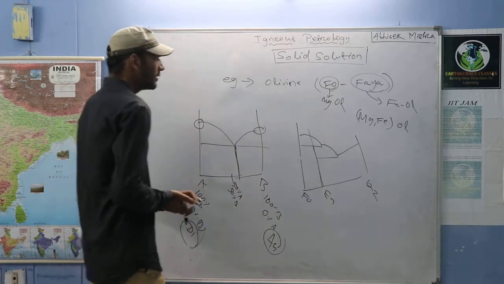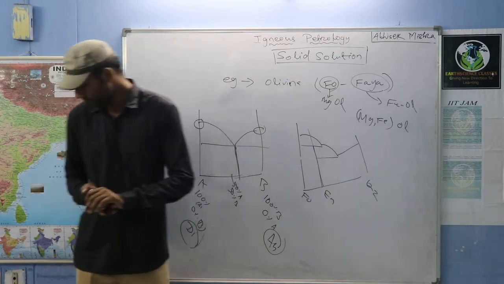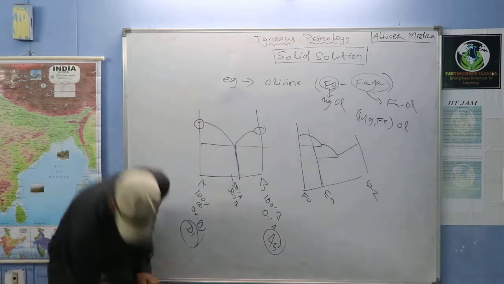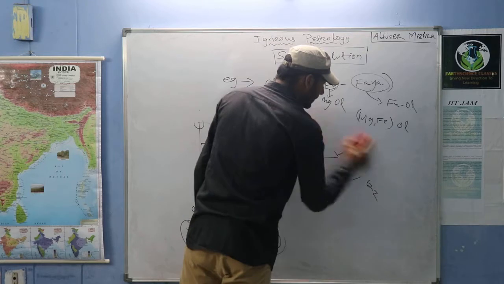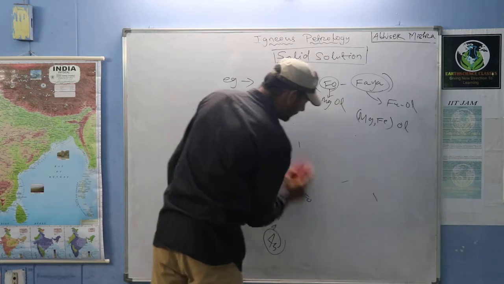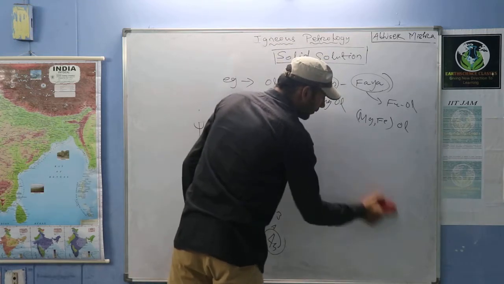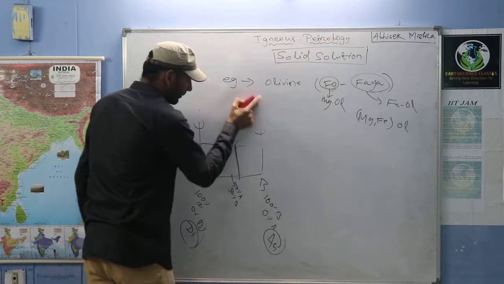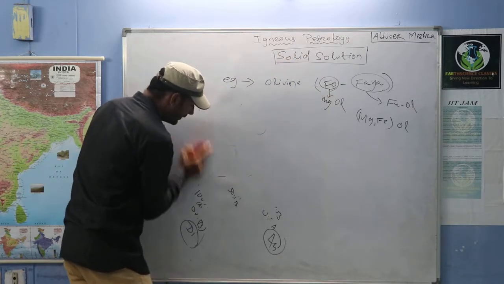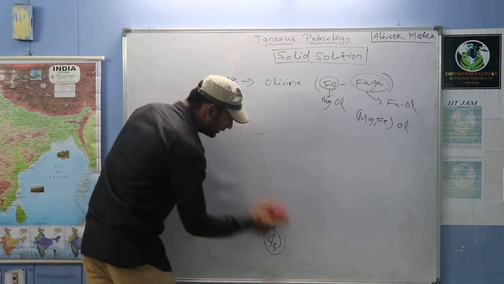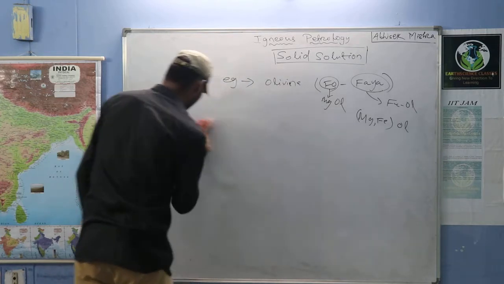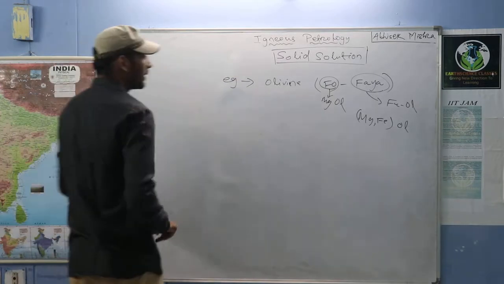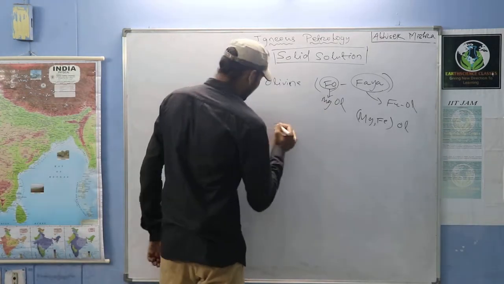But in the case of a solid solution series, there will be existing middle compounds. We can name those compounds according to their composition. For example, here I have taken forsterite and fayalite.